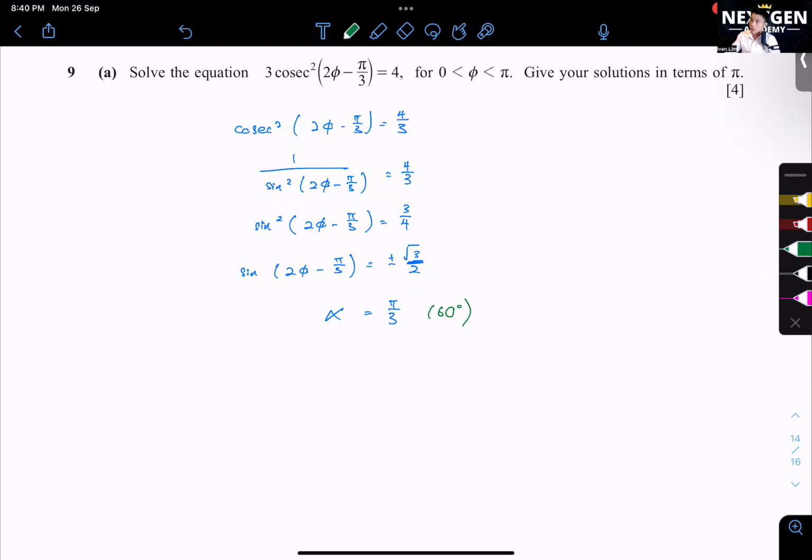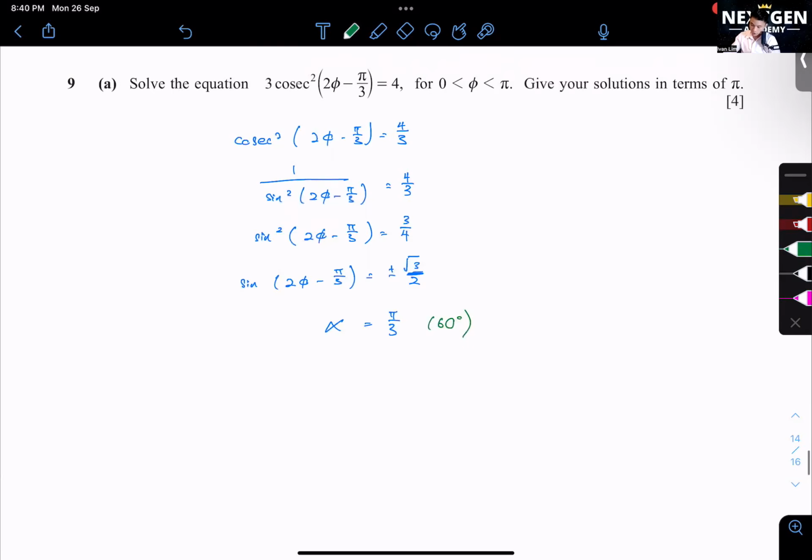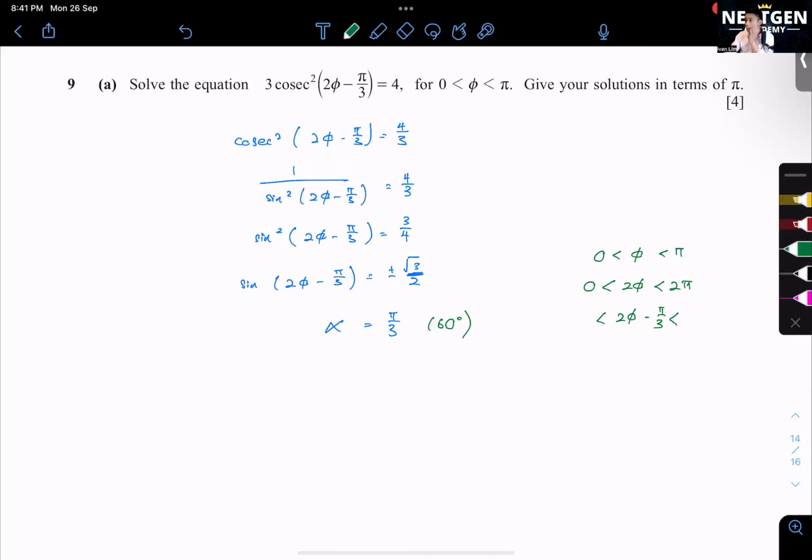You see here, this is all 4 quadrants. However, you have to consider the domain. So 0 to 2 pi. Wait, wrong. We want 2 phi minus pi over 3.